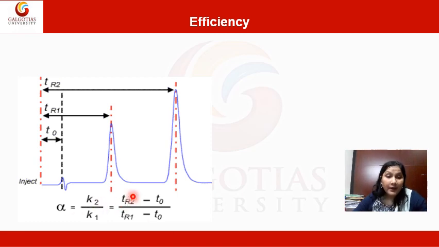You should keep in mind that the K2 value will always be greater than K1. So here we are talking about the peak which we get after the first peak. We cannot use K1 by K2 over here. This should be very clear to all of you.